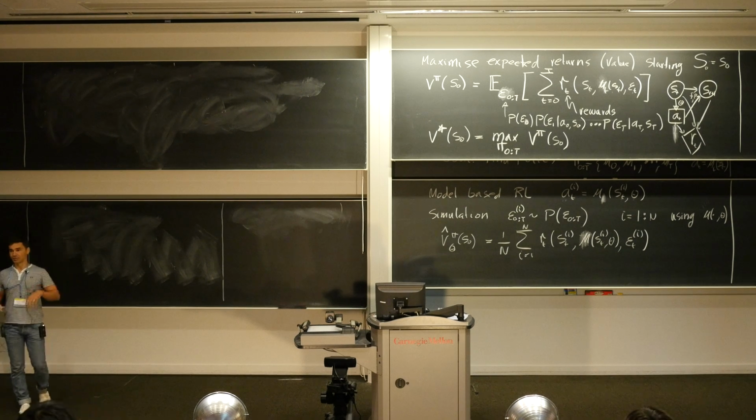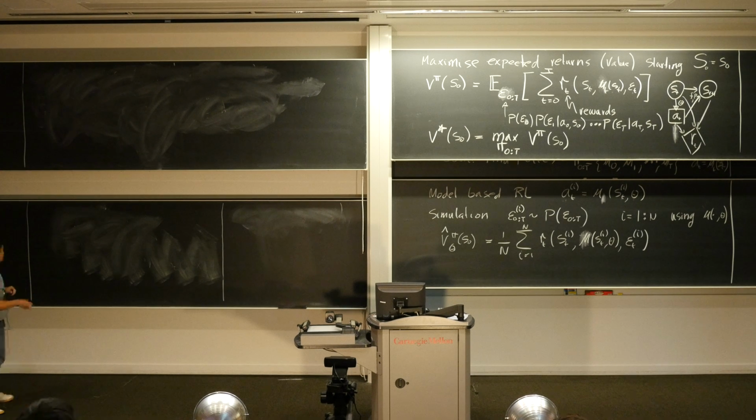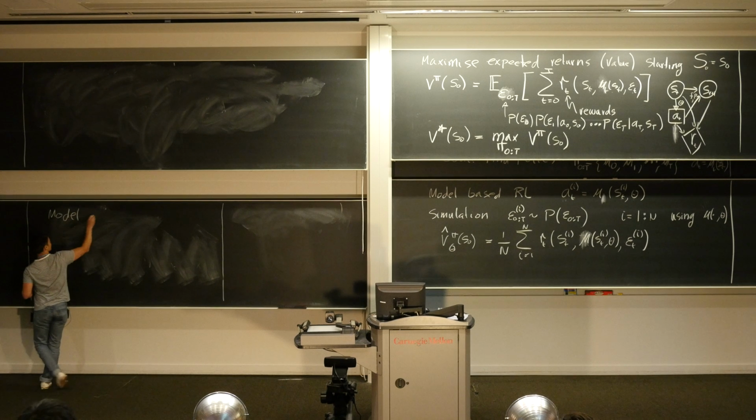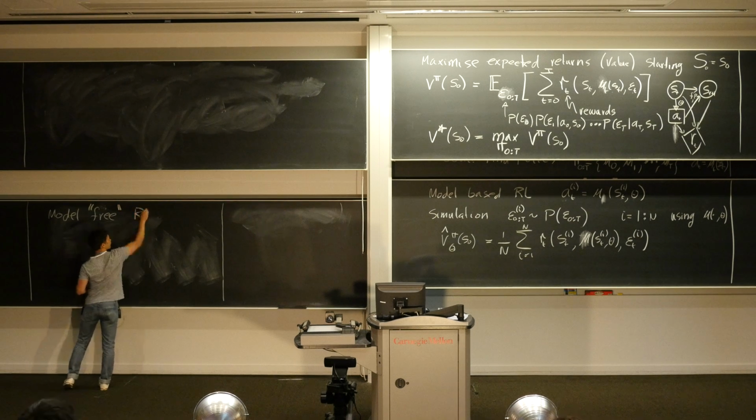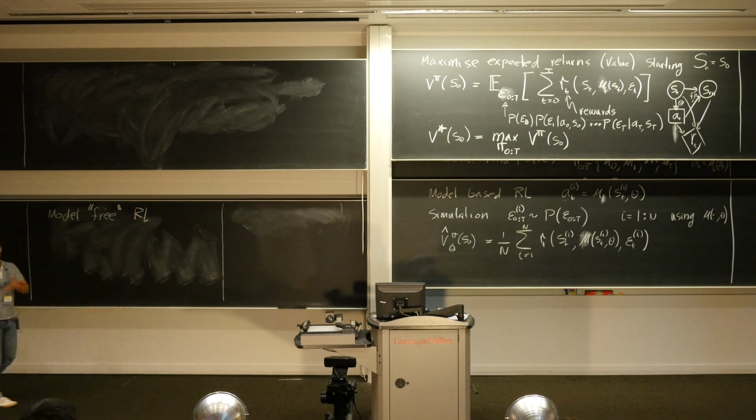So you're learning a model and making decisions at the same time. So we're going to look at another way of doing this called model-free RL. And the free is because I actually believe that you do end up building models as you go. The value function is a model.